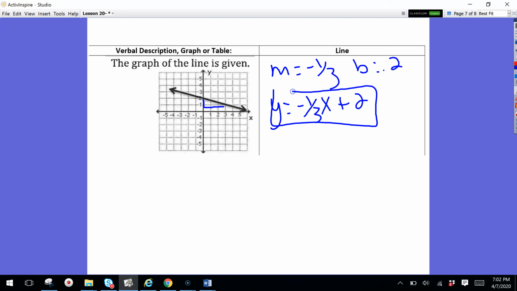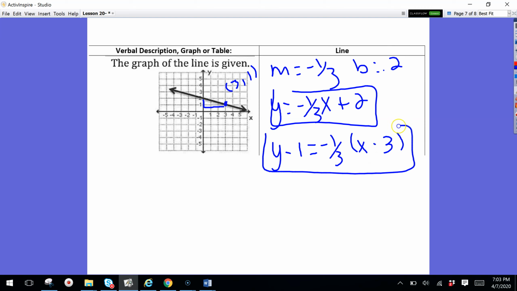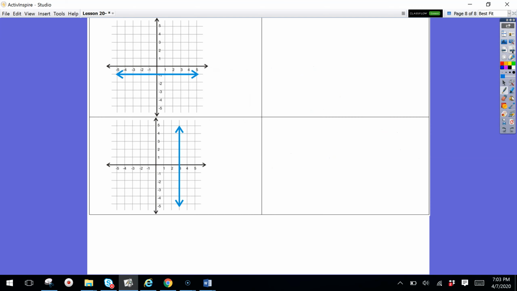I can also definitely write this in point slope. I have a point right here, which is 3, 1. And I can write y minus 1 is equal to the slope, which is negative 1/3 times x minus 3. And this is the same exact line. Again, in the next lesson, we're going to show how to convert that to show that. So those are 2 ways we could write the same line.